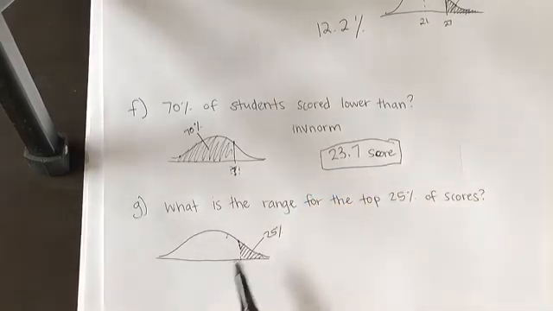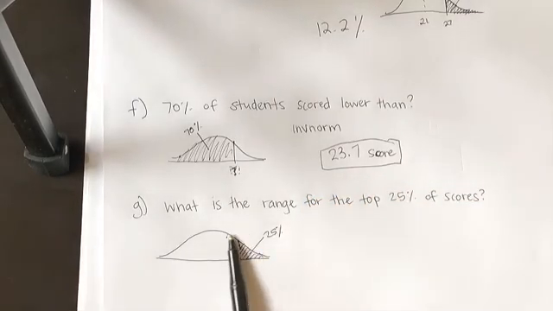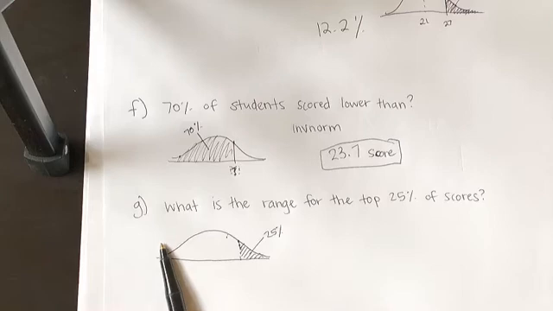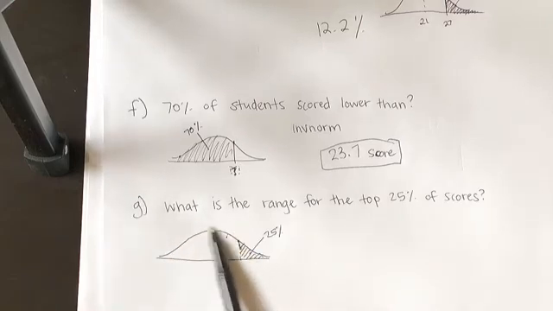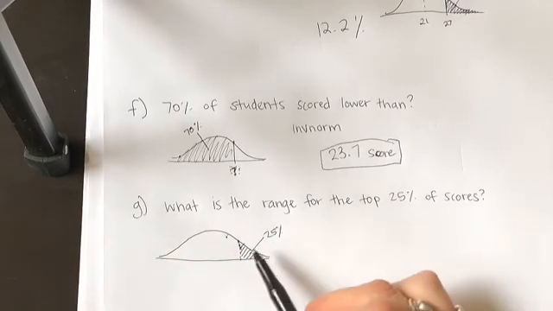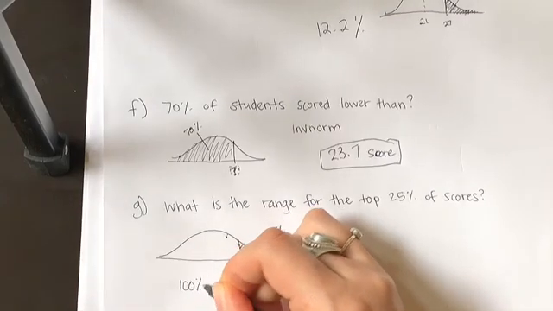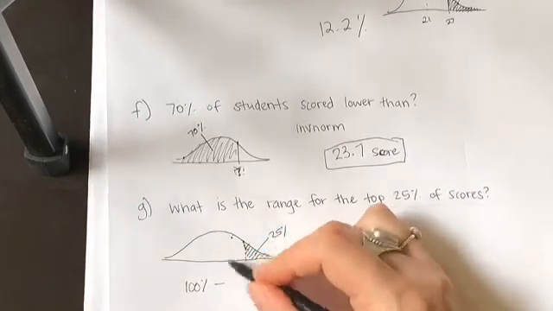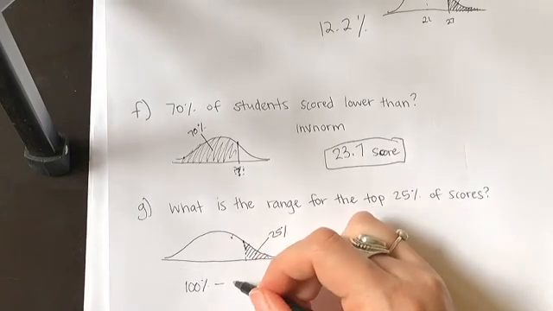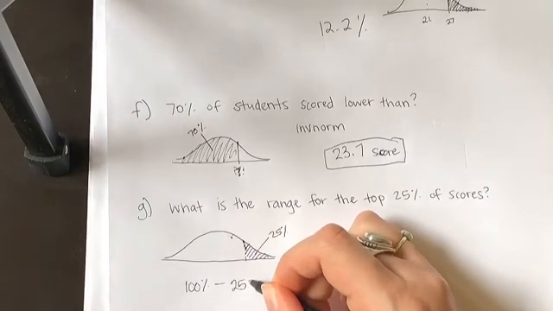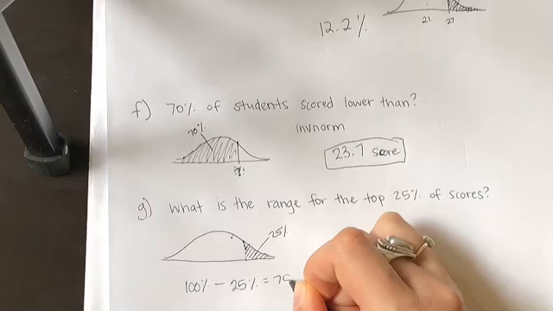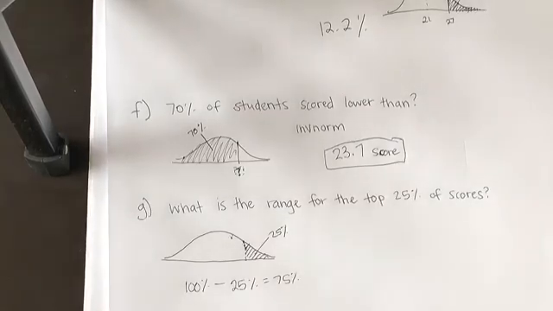Since the inverse norm here will give the left side of that, it's going to tell us the bottom 75%. When you need the top part, you're going to do 100% minus whatever the number they give you. Because 100 minus 25% is 75%, right? So we're working a little bit backwards there.